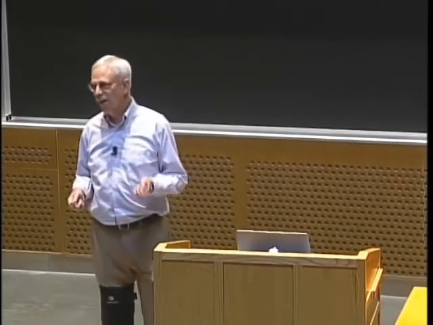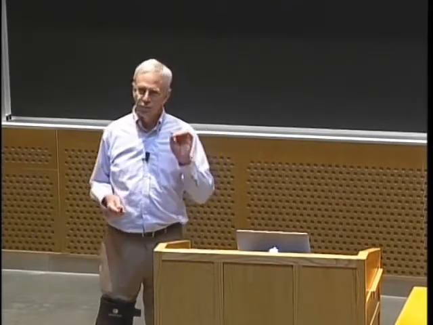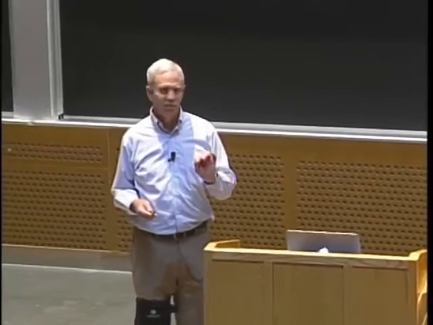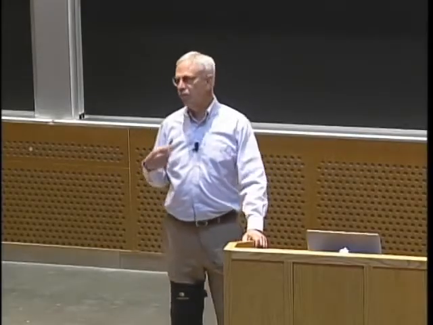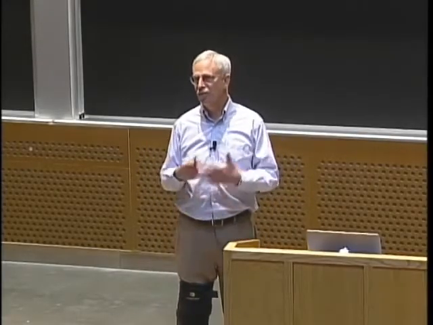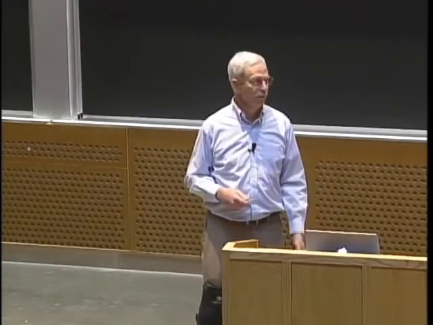What matters is that we have a notation that's precise enough that we can actually describe a computation, and we have some machine that can take a computation written in that notation, or a set of computations written in that notation, and execute them and give us results. And that's been the big transformation that has made computation so important.